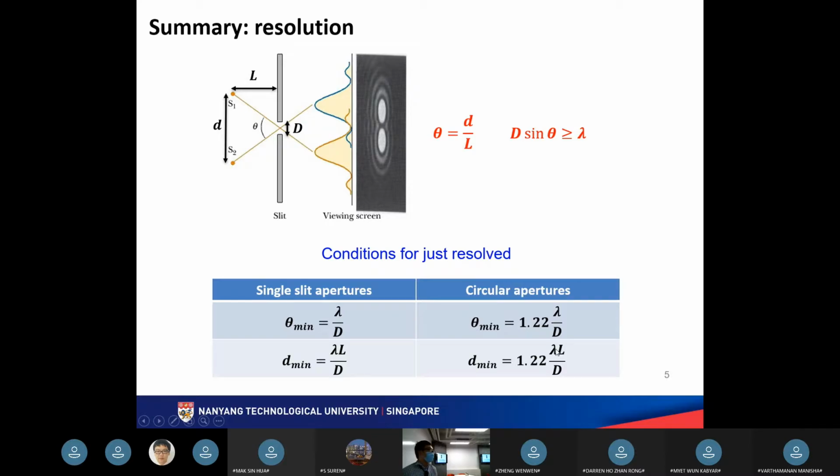Before I continue, let me ask you a question. If I want to improve the resolution of my image system, I want to make my image system better, should I decrease this theta minimum or increase it? Students and team, you can type your answer in the chat room.